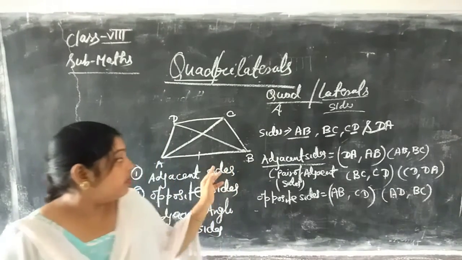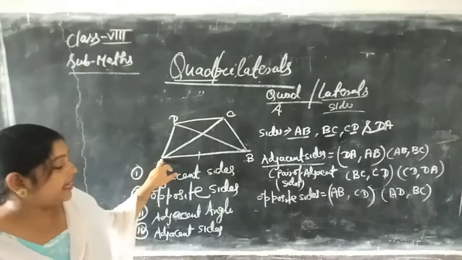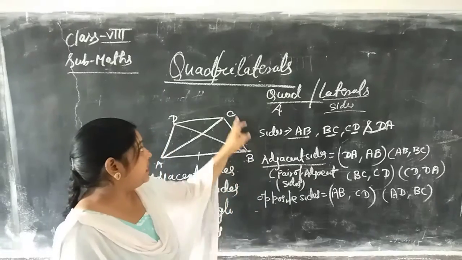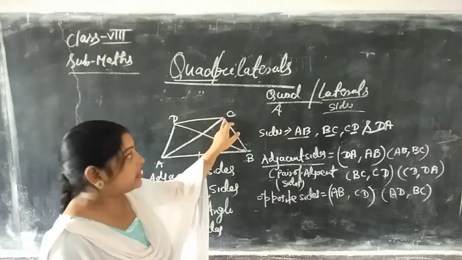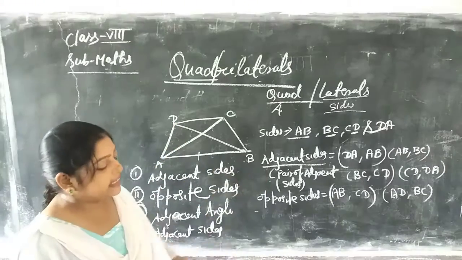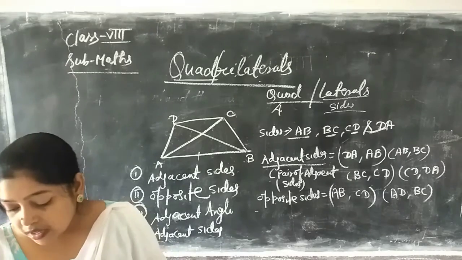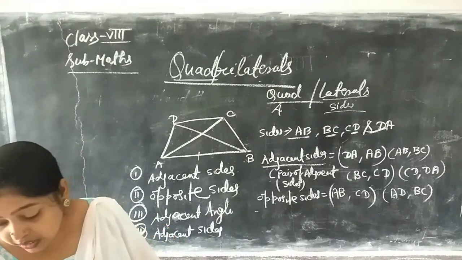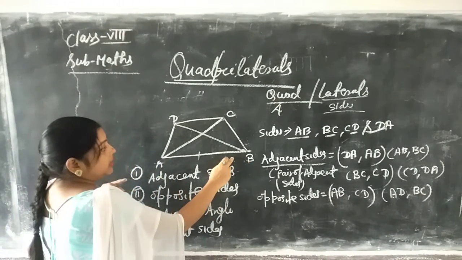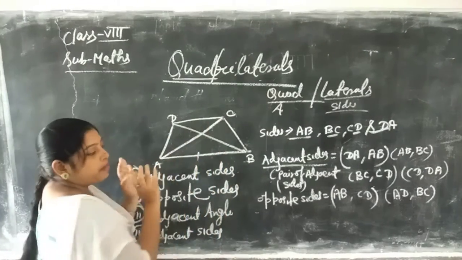DA and AB have the common end point A. AB and BC have the common end point B. BC and CD have the common end point C. CD and DA have the common end point D. This is called adjacent sides. Opposite sides: two sides of a quadrilateral are called opposite if they do not have a common end point. So AB and the other side CD have no common end point. This is called opposite sides.